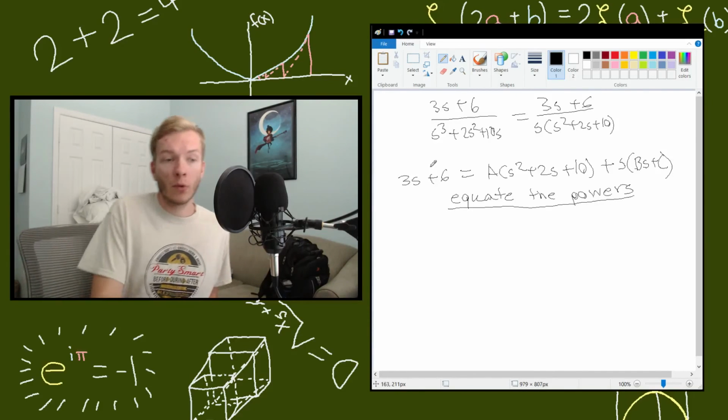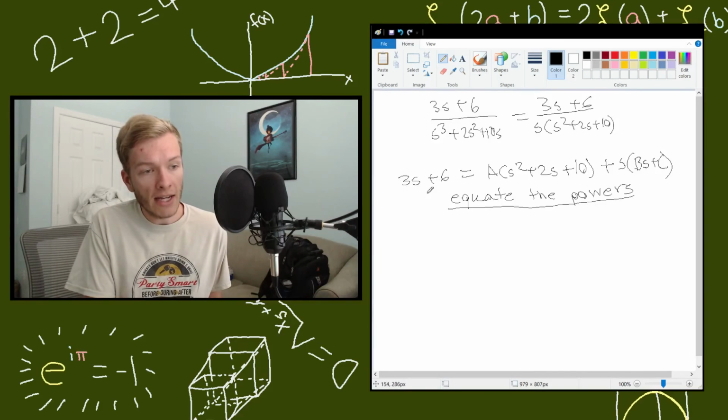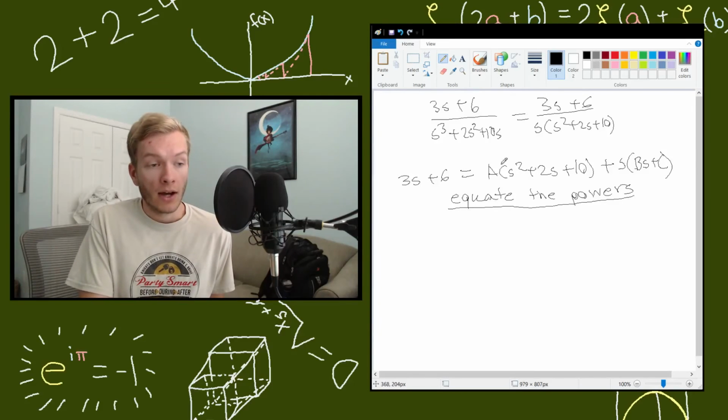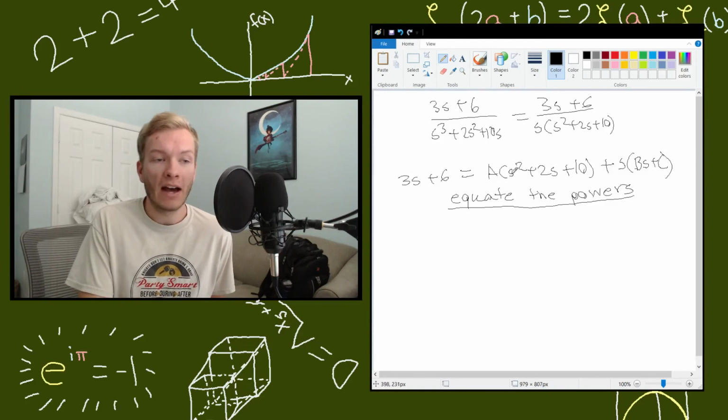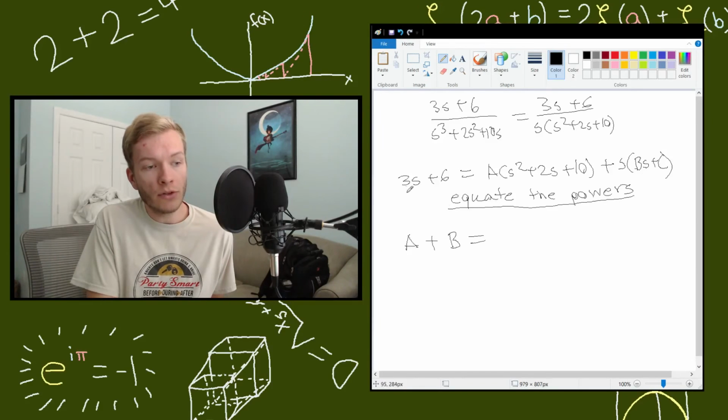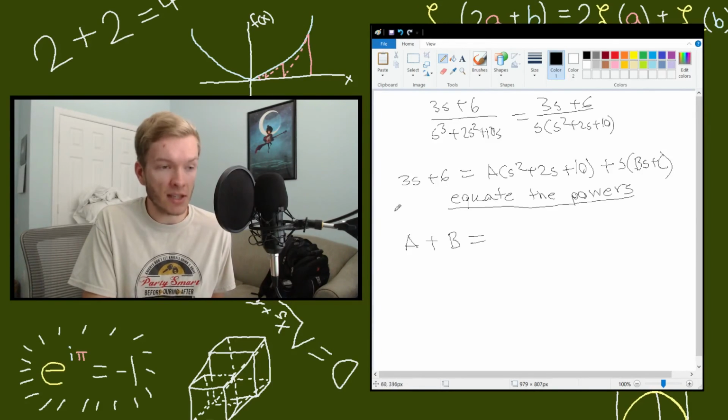So what we're going to do is look at each individual power of this and see which ones add up to what. Let's start with the highest power. We have s squared here, and we're going to have an s squared here when the b multiplies. So we will say that a, since a is what is multiplied by s squared, plus our b is equal to how many s squares we have on this side of the equation.